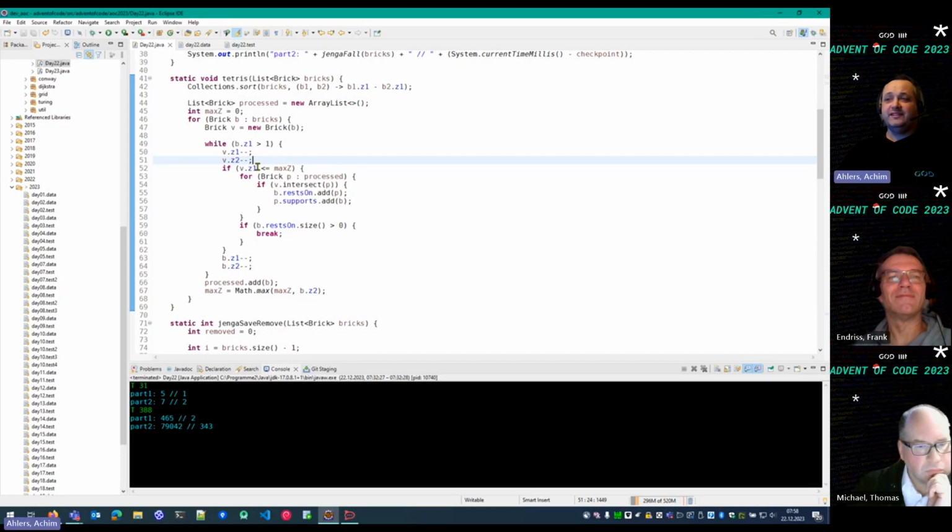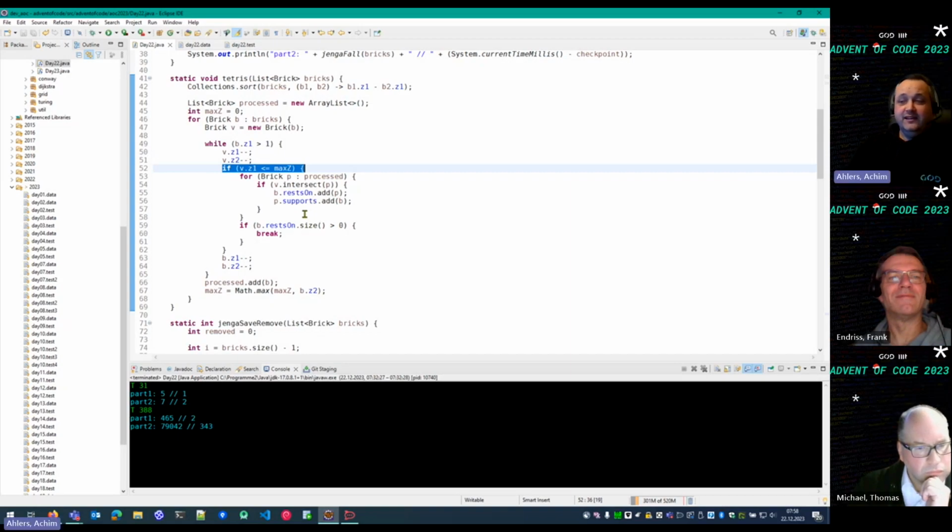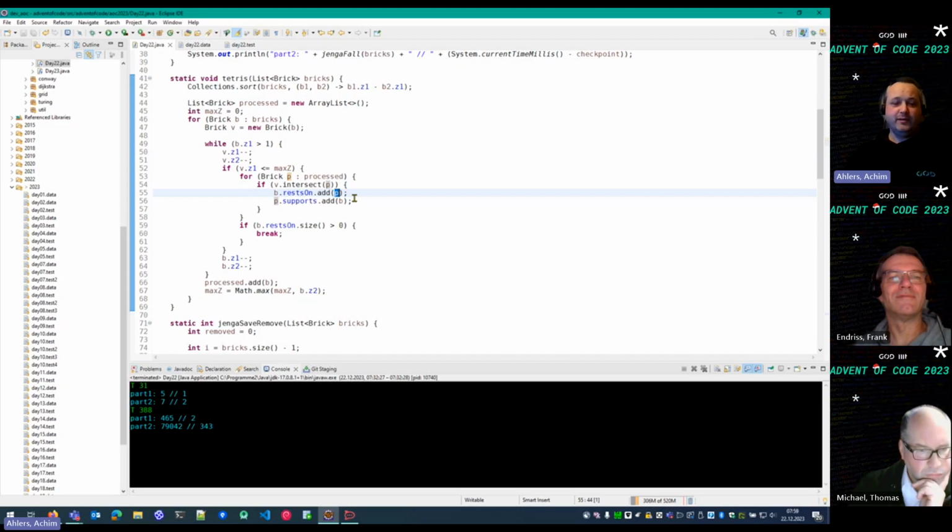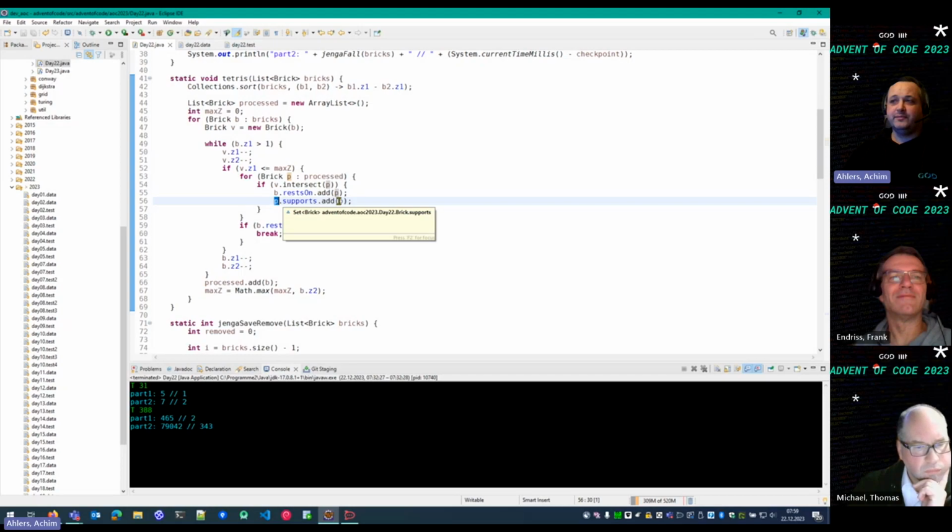If it's not, I go into the collision detection. I have an intersect method on my brick class in 3 dimensions. If I have an intersection, then my brick B, the original brick, will rest on that brick P that I just intersected the copy with. And also the brick P will then start to support the brick B. So it's a bidirectional connection.